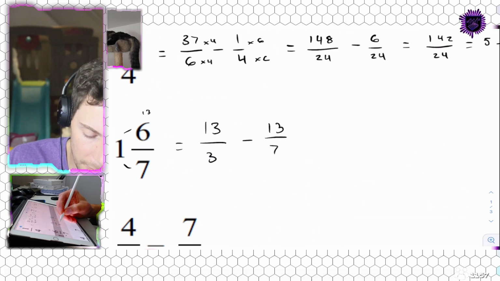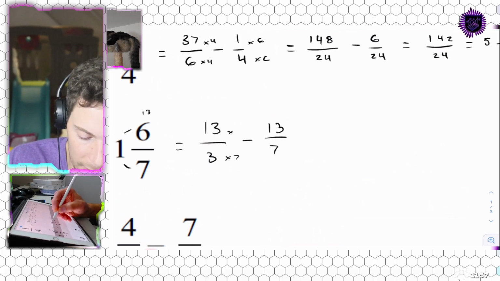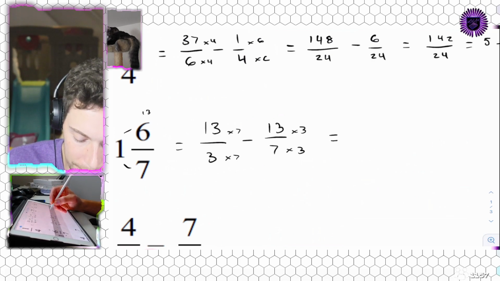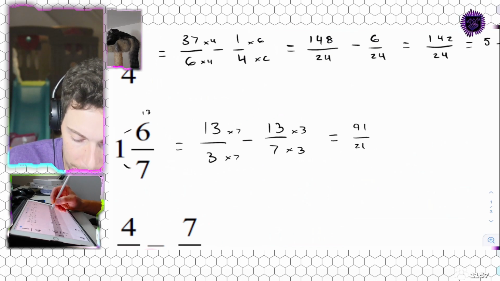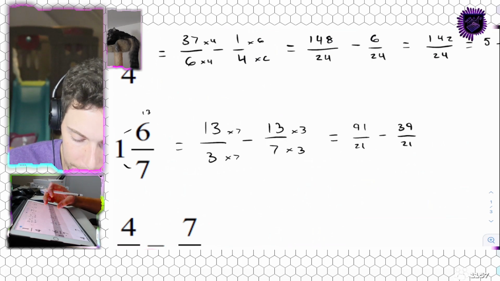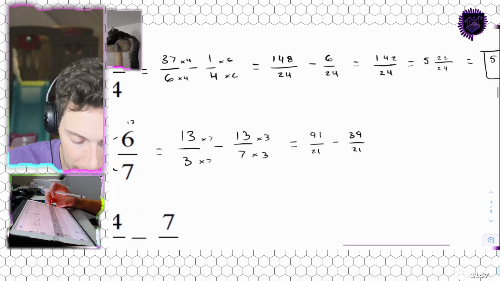Let's cross multiply. Times 7 times 7 times 3 times 3 is going to be equal to 91 over 21. Subtract 39 over 21. 7 times 13 is 91, right? Yeah.